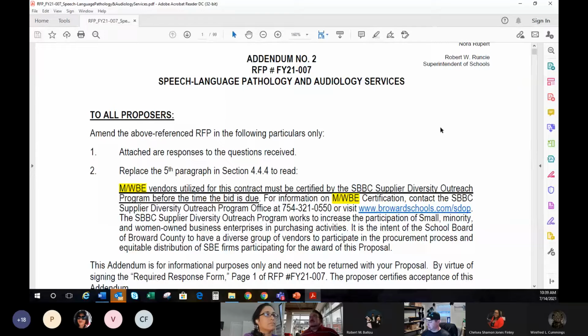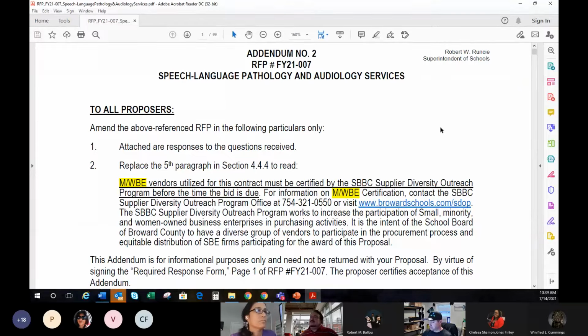But also, if we have to replace a paragraph or change wording in a paragraph or so forth, we will let you know. It says replace the 5th paragraph in section 4.4.4 to read, okay?